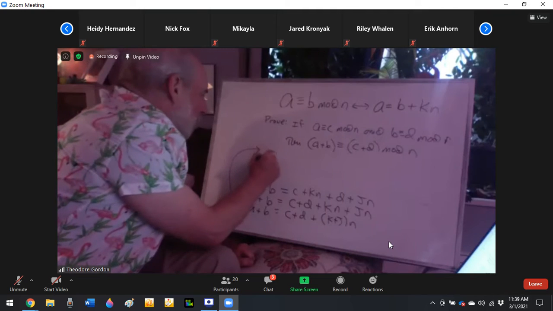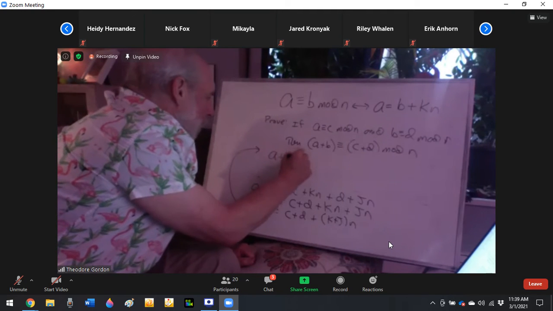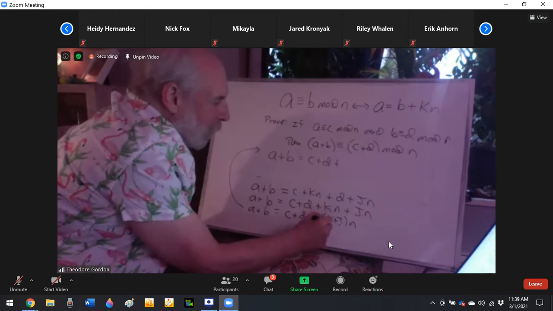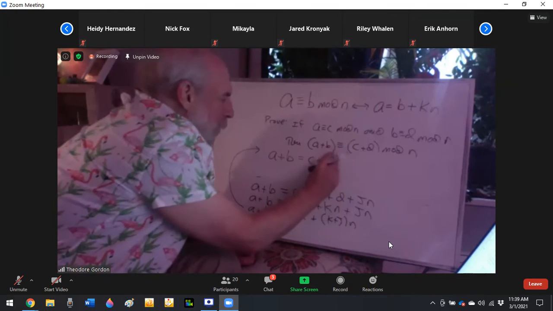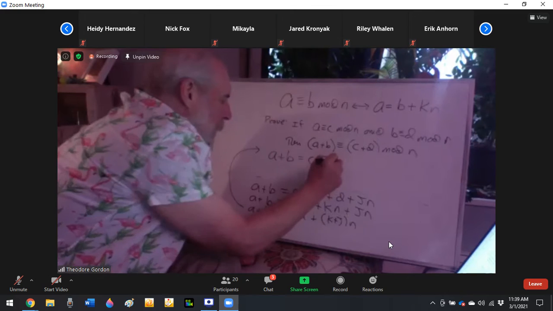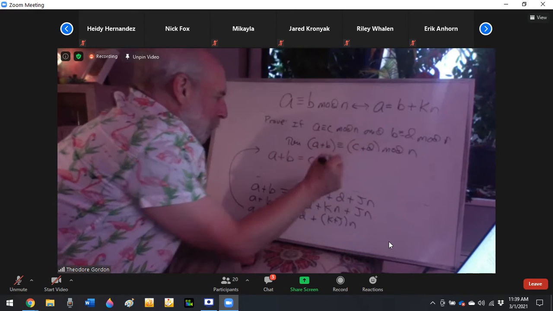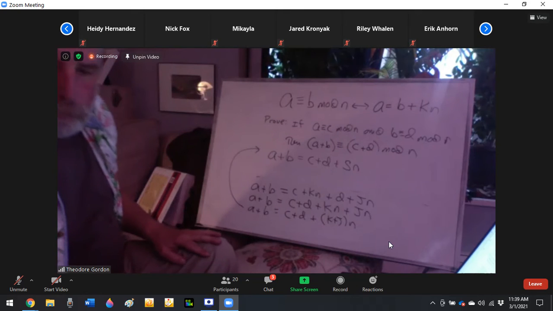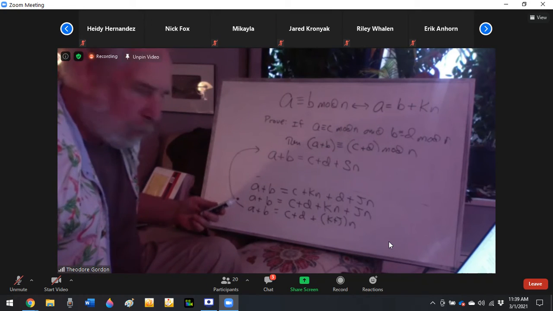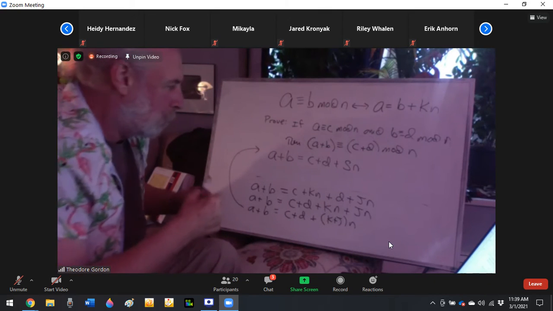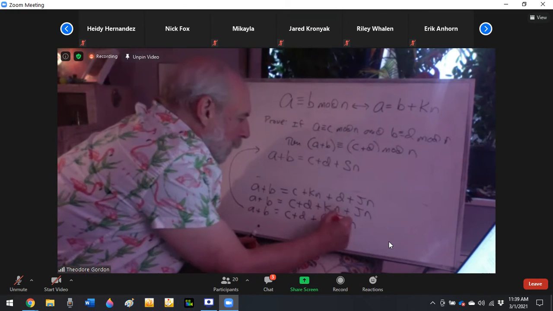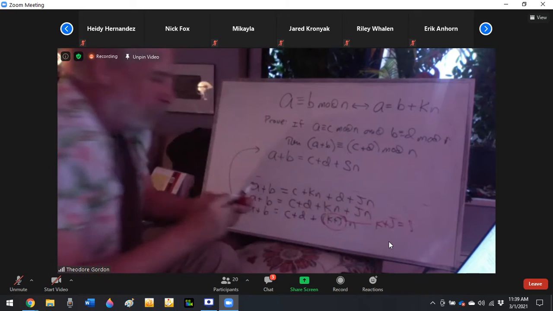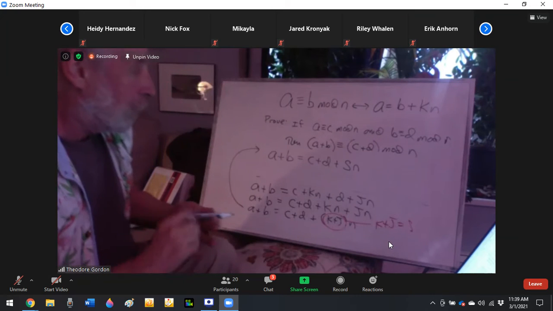So this now gives me A plus B is equal to C plus D plus, I'm going to say that K plus J is another integer, and I'll just use S. So K plus J is equal to S. Integer plus integer is integer.